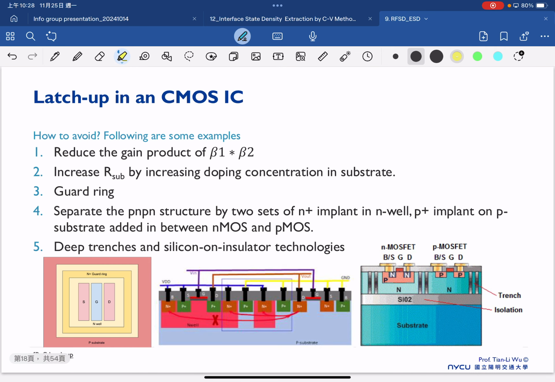So now we get to some more practical examples happening at the real device level.